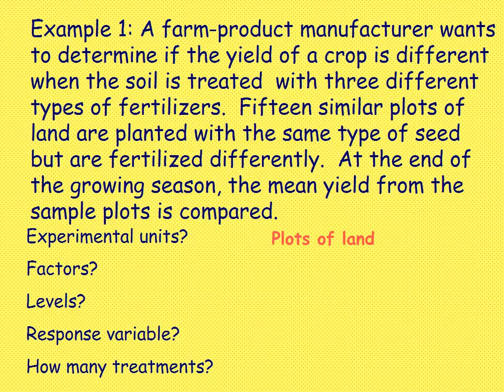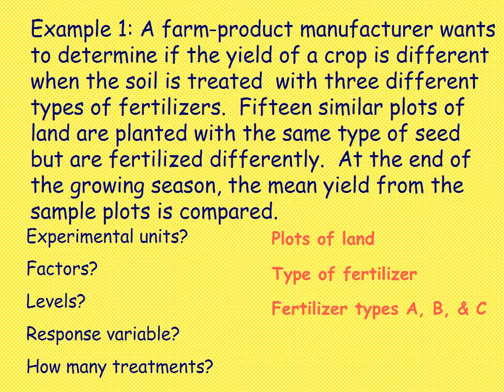What are the factors? What are we manipulating? The types of fertilizer. What are the levels? Okay, the fertilizer types A, B, and C are the levels in this experiment. What's the response variable? The yield or growth of the crop. How many treatments are there? 3. Okay, treatments are your factors times your levels.